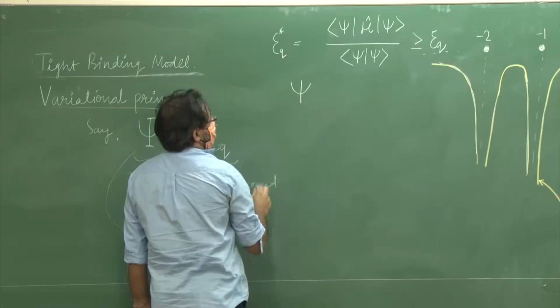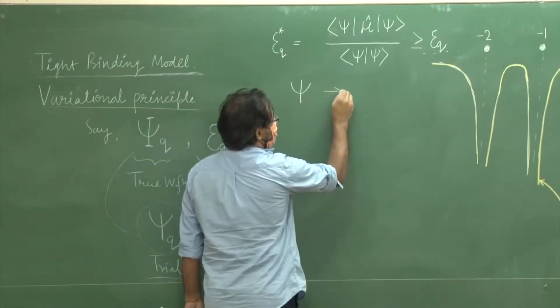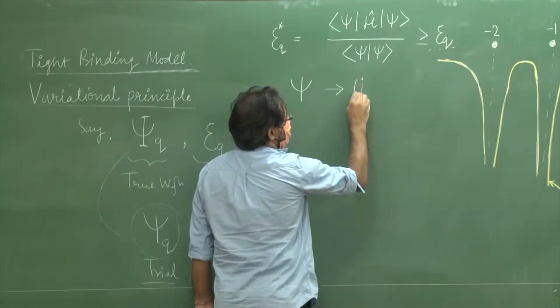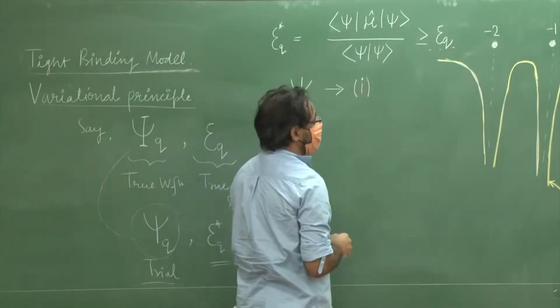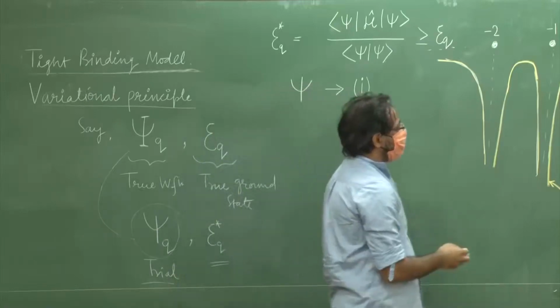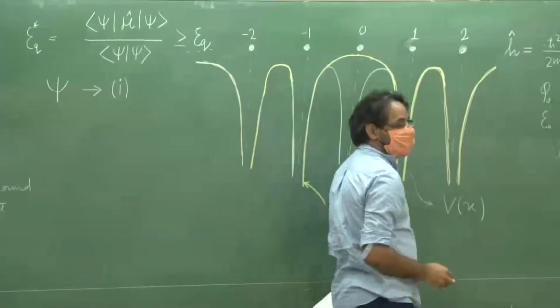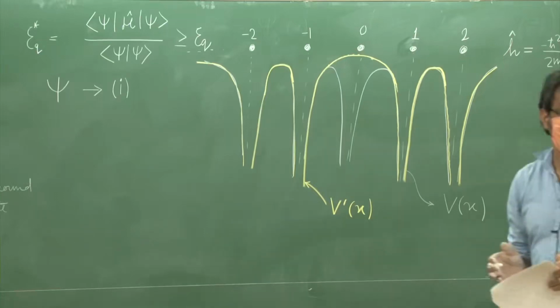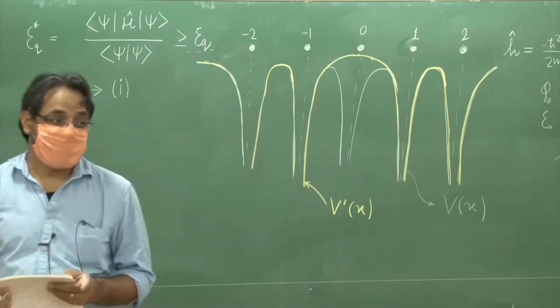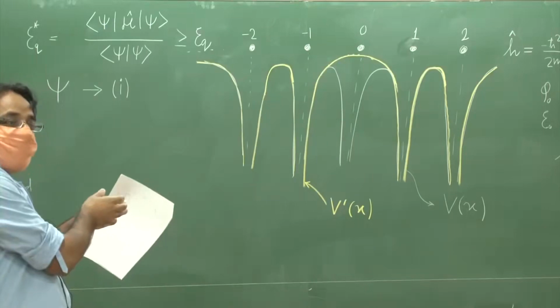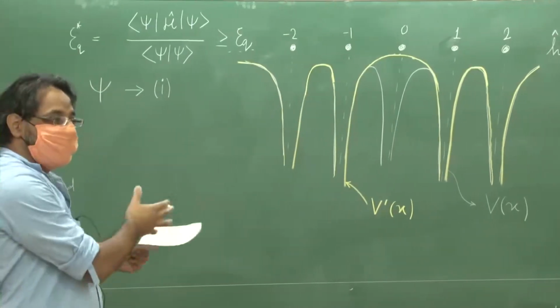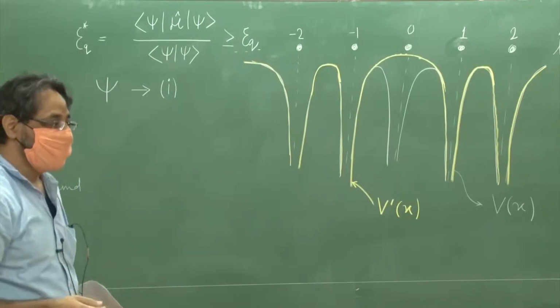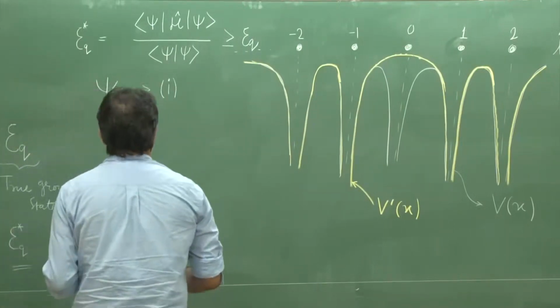I will choose my psi such that, number one, if I am too close to any of these ionic cores, then my psi should converge to the atomic orbital of that site, right? That's what you did in the hydrogen molecule problem also. When the electron is too close to the left hydrogen, then it is like the 1s orbital of the hydrogen atom, right? So that is condition number one.